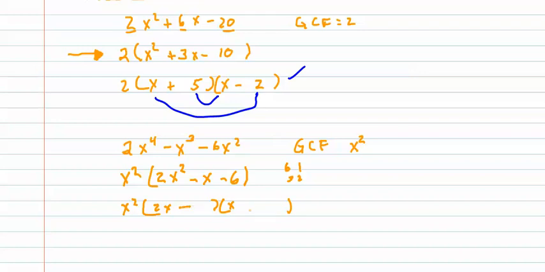And I'm going to start with 3 and 2. And then I check. Minus 3x plus 4x is positive x. Boom, boom. Now it's minus 4 plus 3 is minus 1, and my answer is correct.